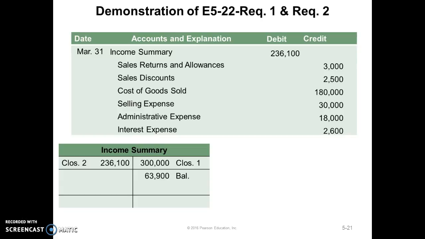And then the opposite would be income summary, 236,100, a debit. So when you look at the T account, you have the 236,100 as a debit and the 300,000 as a credit. So now we have a credit balance of 63,900. Everyone knows that 63,900 is what? Our net income.